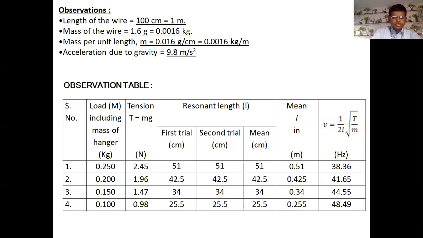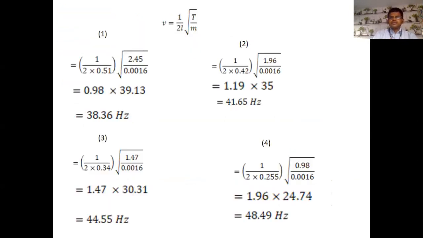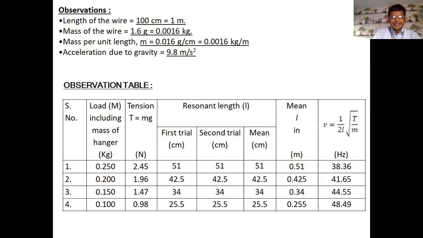So now first we solve the equation. The equation is V is equal to 1 by 2L square root T by M. So first, 1 by 2 multiply 0.51, the length L as per our table in the first row.